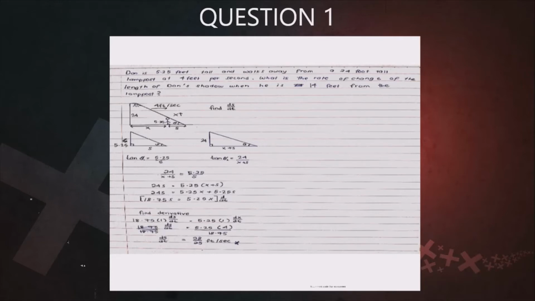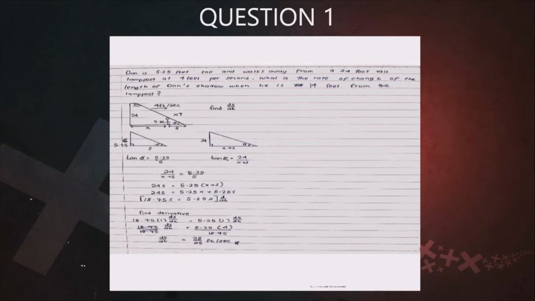Then write the equation: 24/(x+s) equals 5.25/s. Then cross multiply it. So we get 24s equals 5.25x plus 5.25s.